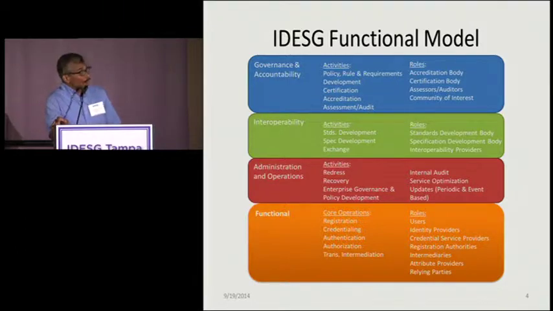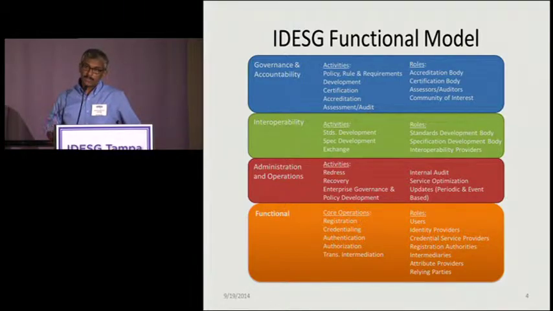To perform those activities, we definitely need entities performing some roles: accreditation body, certification body, assessors, auditors, and the communities of interest, which probably perform one or more of these governance and accountability activities. So at a very high level, I think this is the big picture of the functional model.